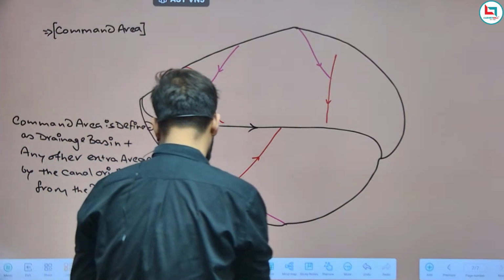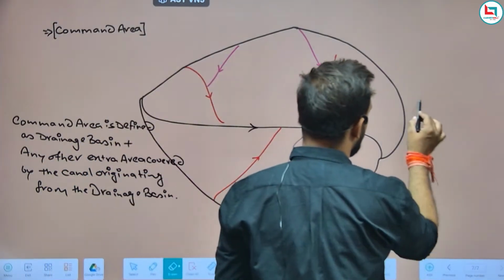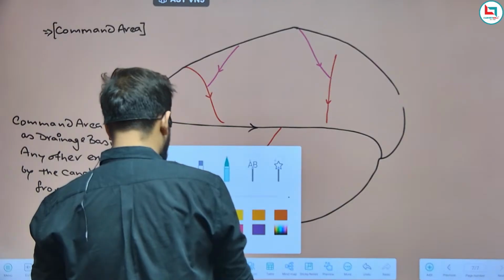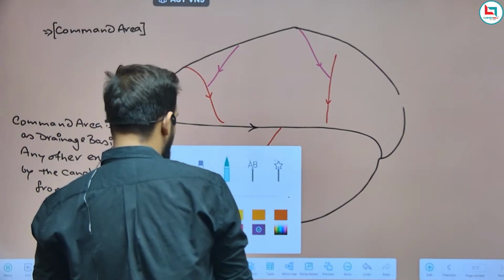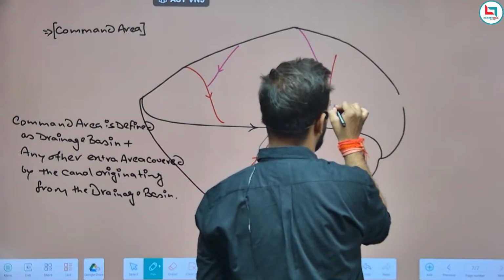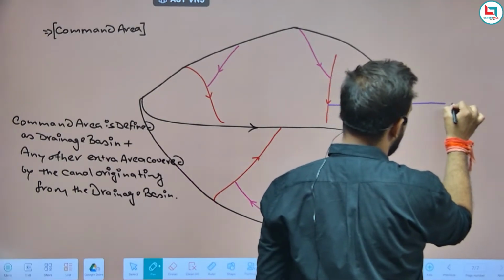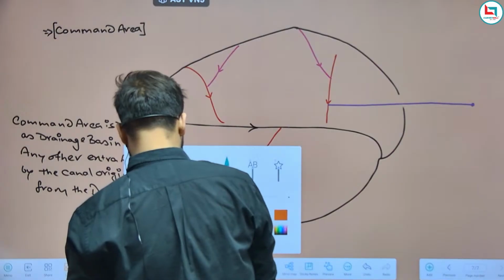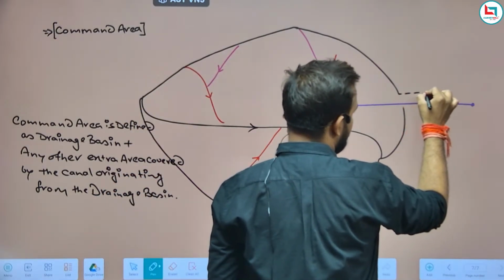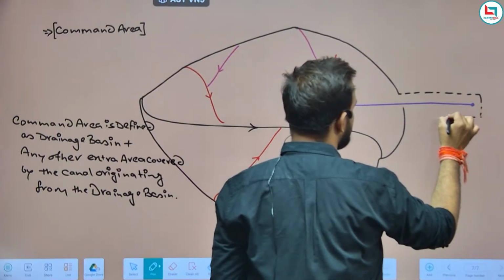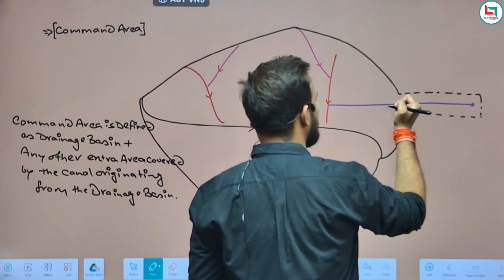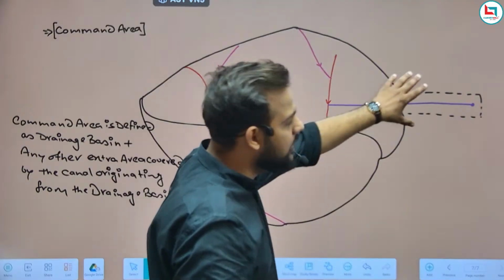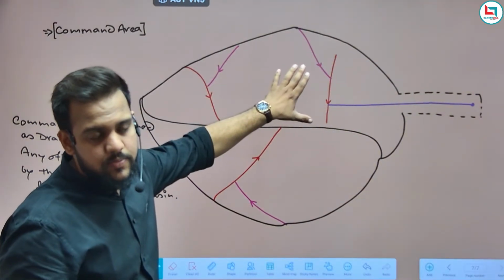Let me give you an example. This complete area is the drainage basin of this main river. Now guys, if we have constructed an artificial area, if we have taken the water from this river and we are supplying this water to this particular area, then this extra area does not naturally fall in the drainage basin of this river.